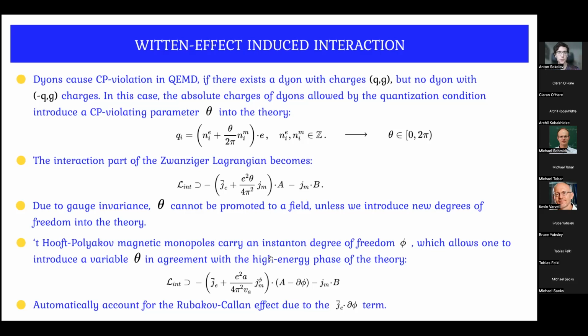So we also automatically account for the Rubakov-Callan effect, due to this coupling of the electric current to the phi degree of freedom.